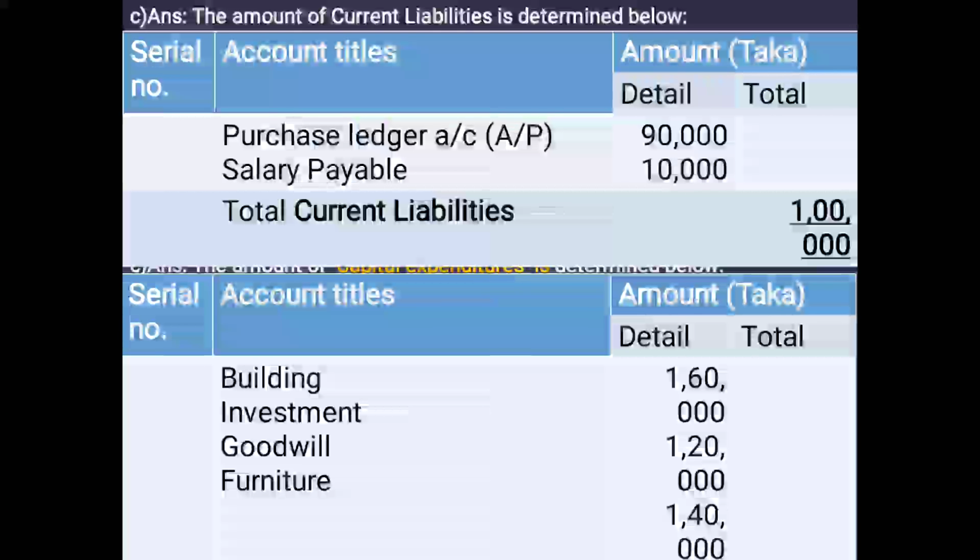So the total amount of capital expenditures is taka 4,40,000. Dear students, I hope you have written it in the correct way in your accounting practice copy and you have understood this creative question. That's all for today. Allah Hafiz.